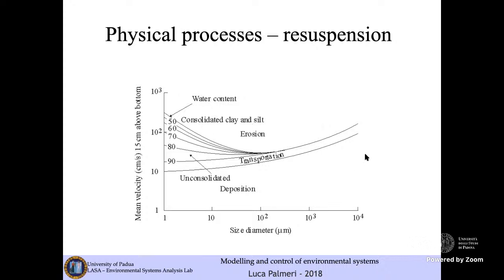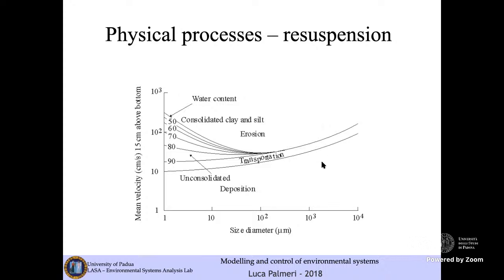You have different relationships between the speed of the water at 15 centimeters, the granulometry of the sediment, and the consolidation, the water content of the sediment. These types of graphs are increasing.